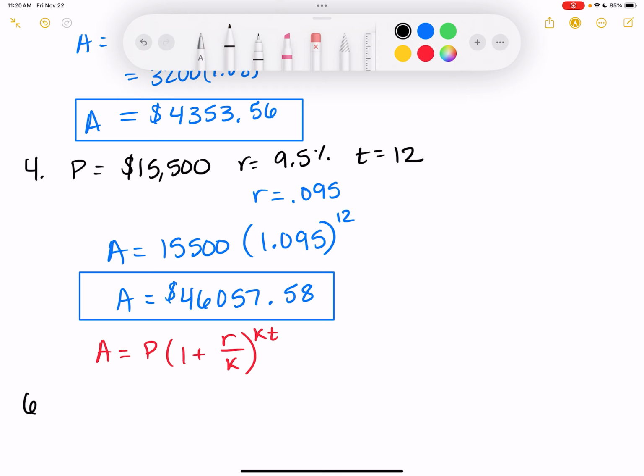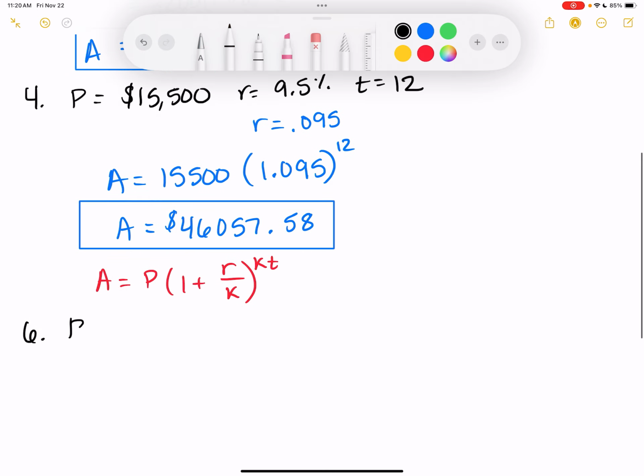So number 6, P equals $3,500. R is 5%. T is 10 and K is 4. When K is 4, that's how many times it's compounded per year. When we get into word problems, it will say something like compounded quarterly, because that would imply 4 times a year.